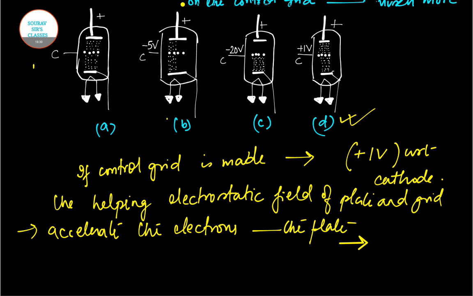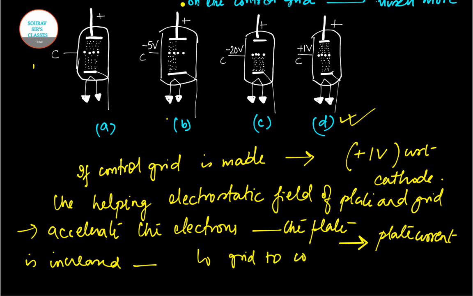As a result, the plate current is increased, and at the same time some of the electrons are attracted to the grid to constitute grid current.